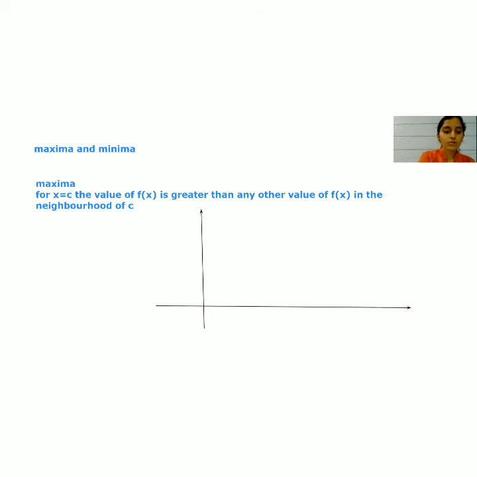Now for x equal to c, the value of f of x, so this is y equal to f of x over here, and this is your x values. Value of f of x is greater than any other value of f of x in the neighborhood of c. Okay, so let us say that this is x1, this is x2, and here is where c comes. Now x1, x2 and c, all these are very small values.